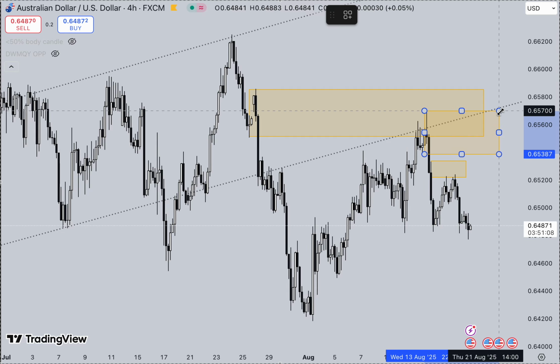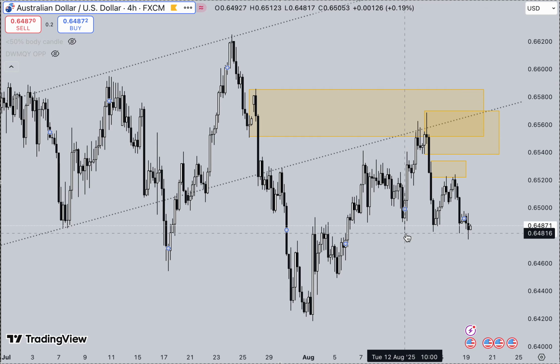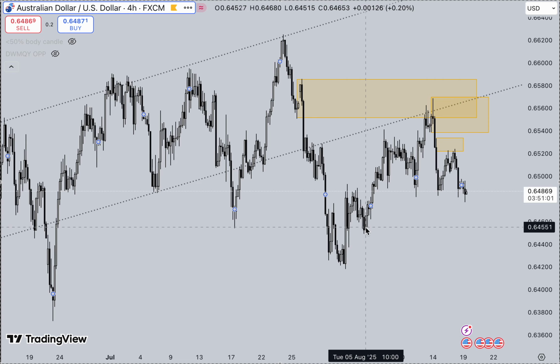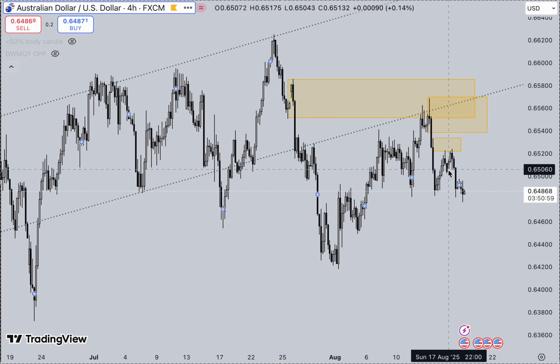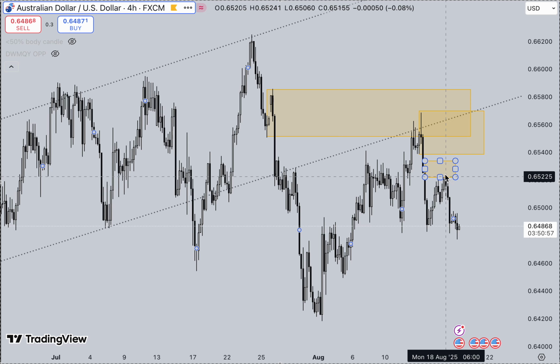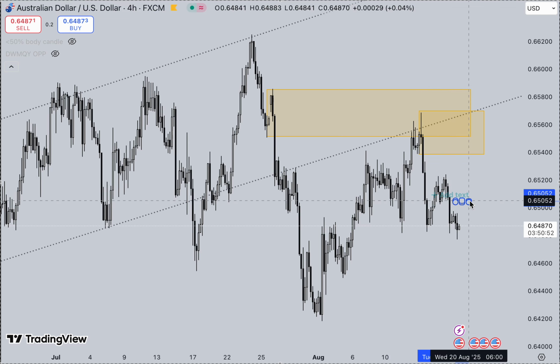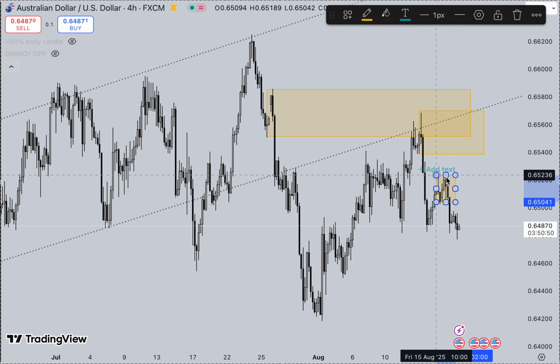So from here would be a nice place to sell from, or we could start to sell from here, because this also took out liquidity. So let's see what the market wants to respect.